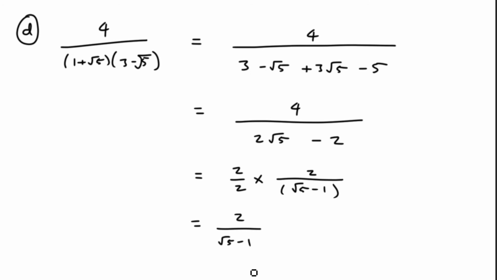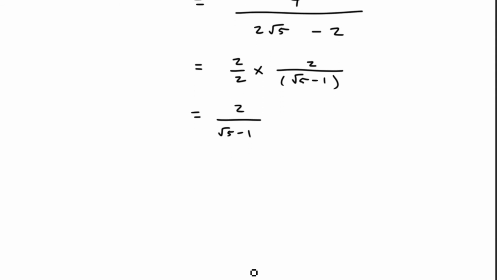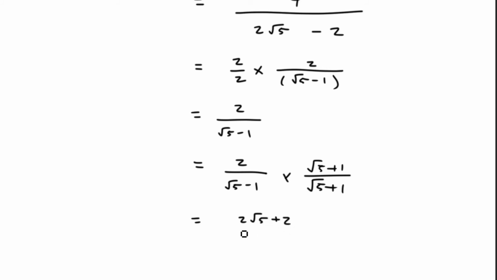Now it is this final fraction that we are going to rationalise. So this is equal to 2 over root 5 minus 1 multiplied by root 5 plus 1 over root 5 plus 1. On the numerator we will have 2 root 5 plus 2. On the denominator we'll have root 5 times root 5, which is 5.